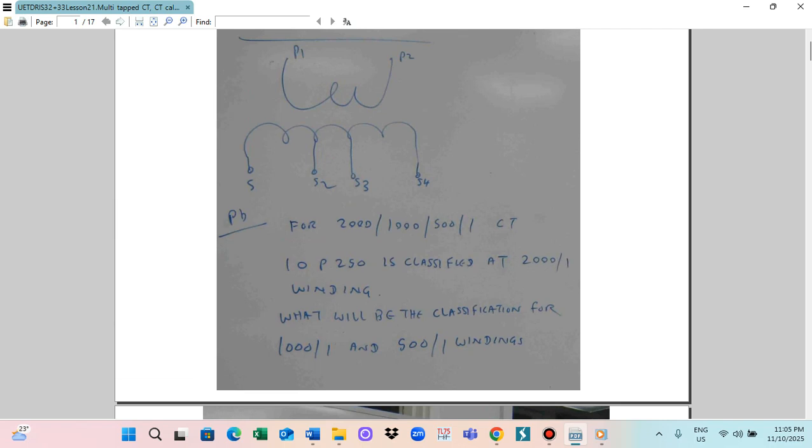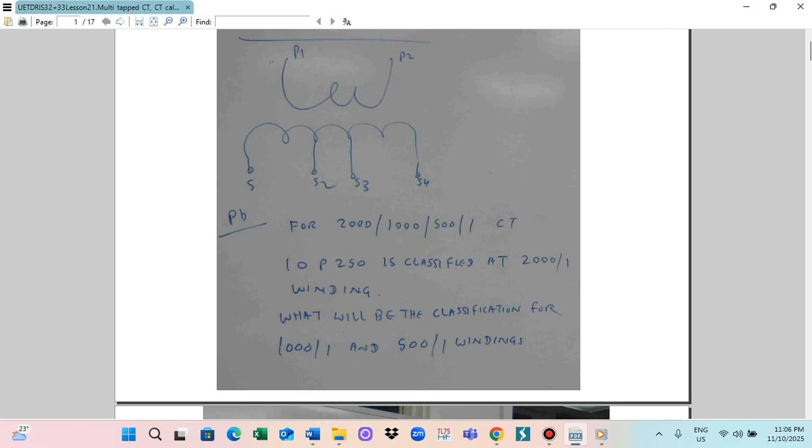So for 2000, 1000, 500 to 1 current transformer, 10P at 250 is classified for the 2000/1 winding.